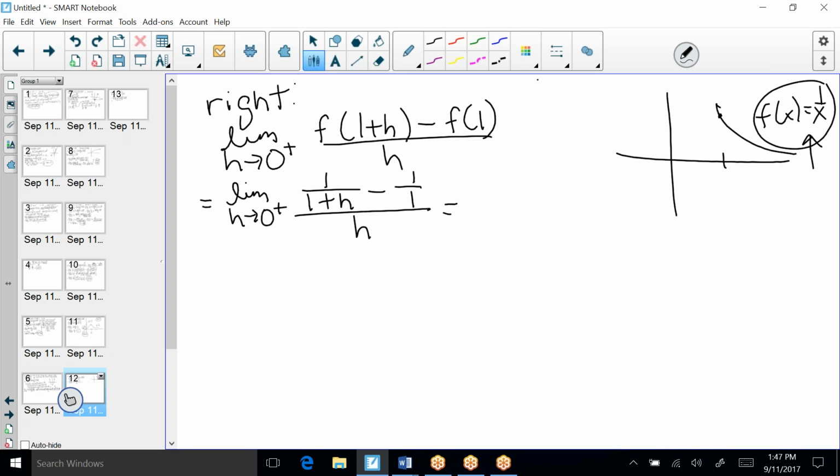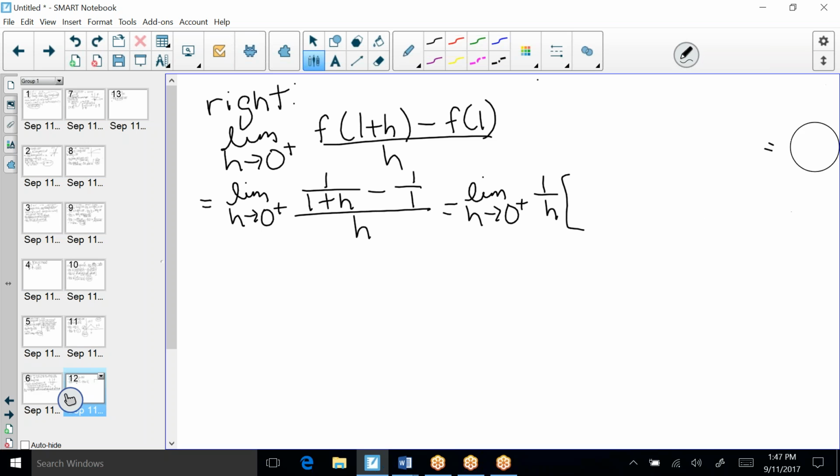We can do the subtraction and pull out that 1 over h if we want to. Getting a common denominator in the numerator, we have 1 over 1 plus h minus 1, and the common denominator needs to be 1 plus h, so we multiply the top and bottom by 1 plus h.